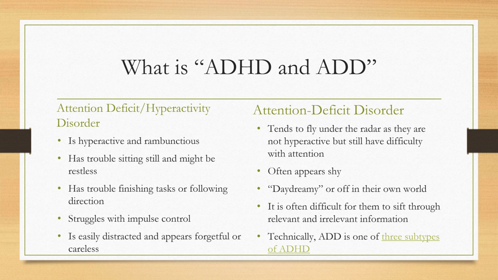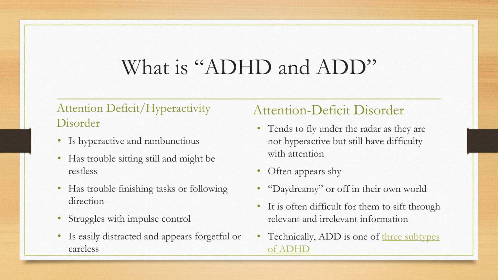So this is something that most people would think ADHD is just across the board, but there are also other types. So ADD is something that is typically overlooked by people or teachers, but it's still a type of ADHD.